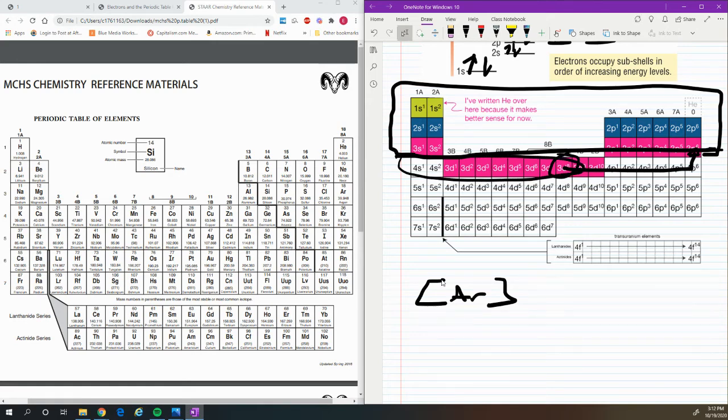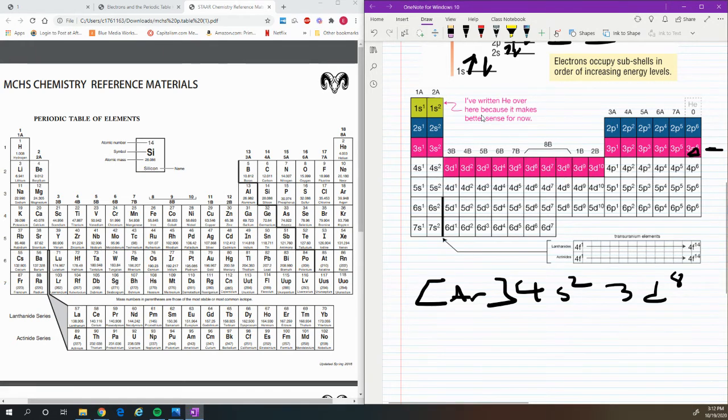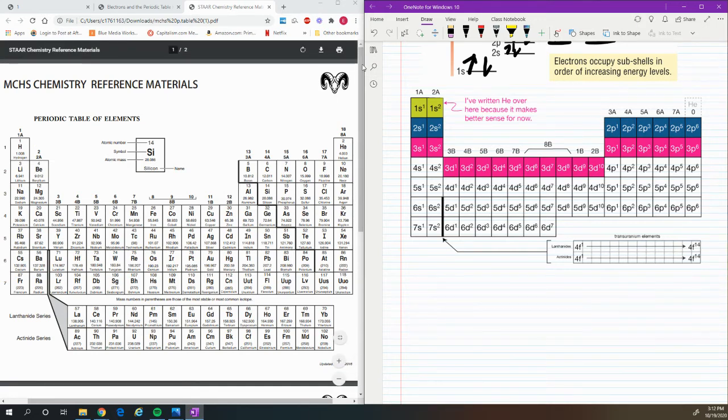Whatever's left over that this element didn't cover is right here, which is 4s2, 3d8. And that's basically it for electron gas configuration, which is just a lot simpler, obviously a lot less time than writing everything together.